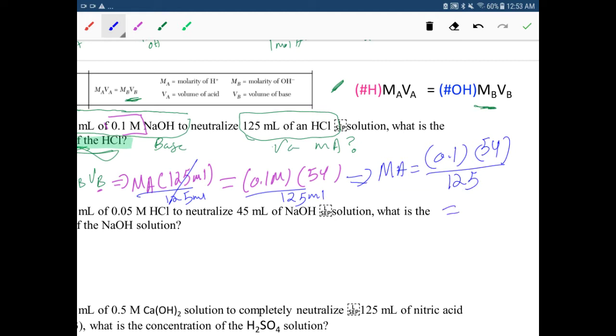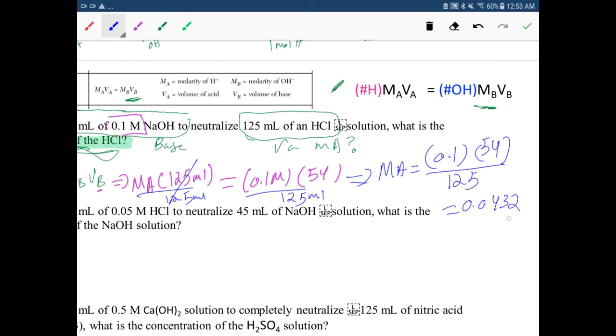You do the calculation in your calculator, and the answer is gonna be 0.0432. 0.0432 what? Right, what's the question?